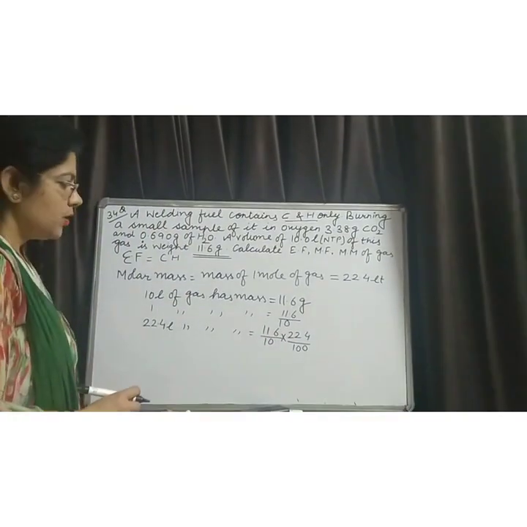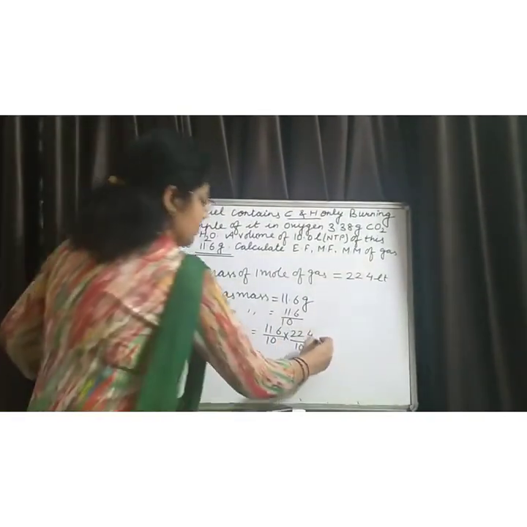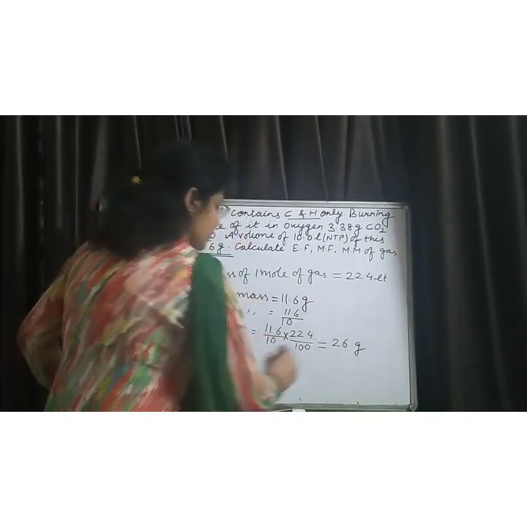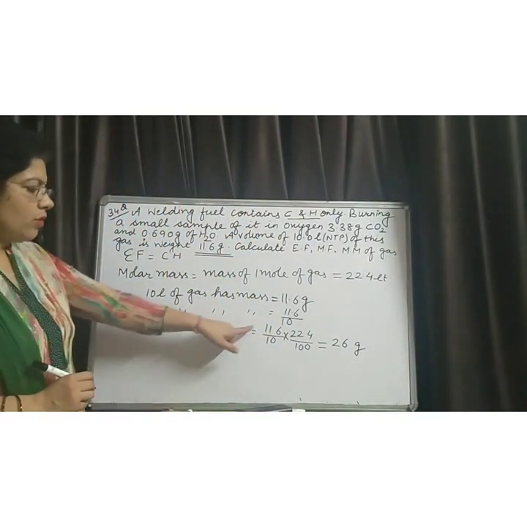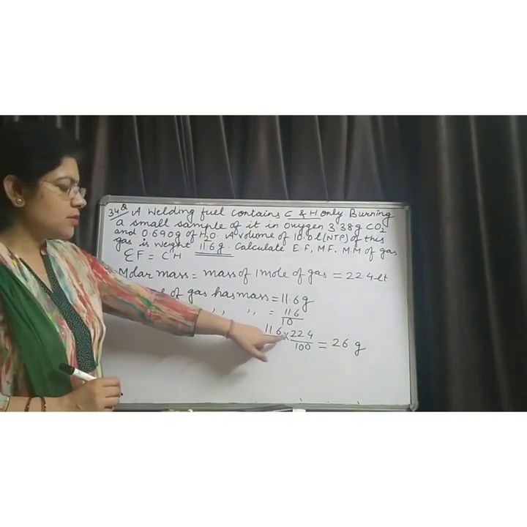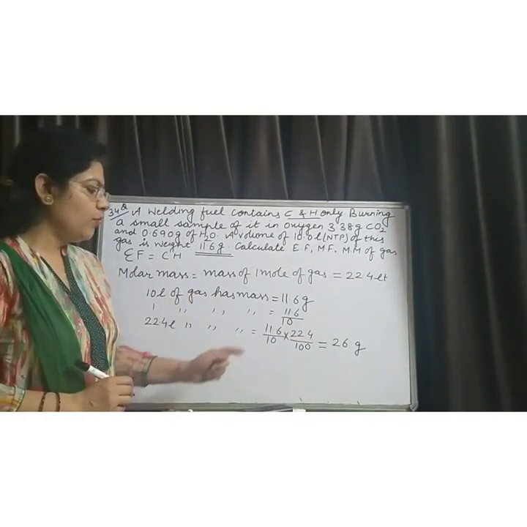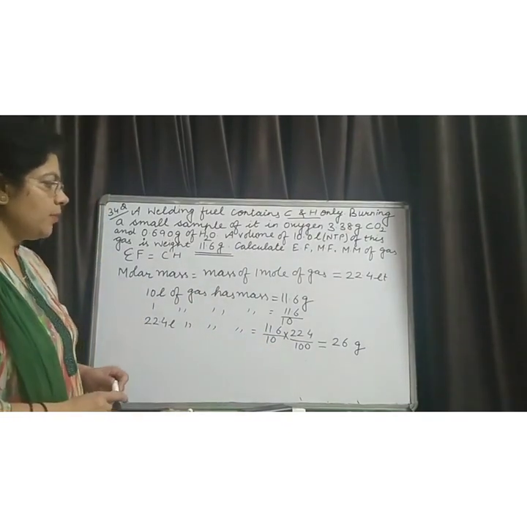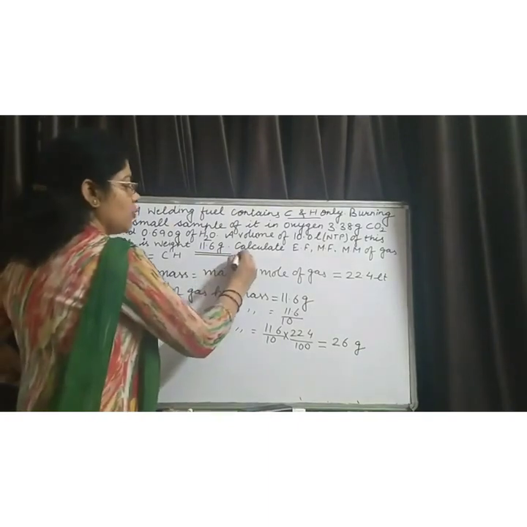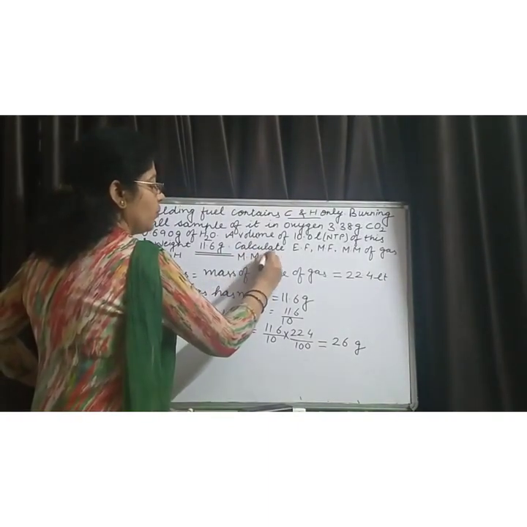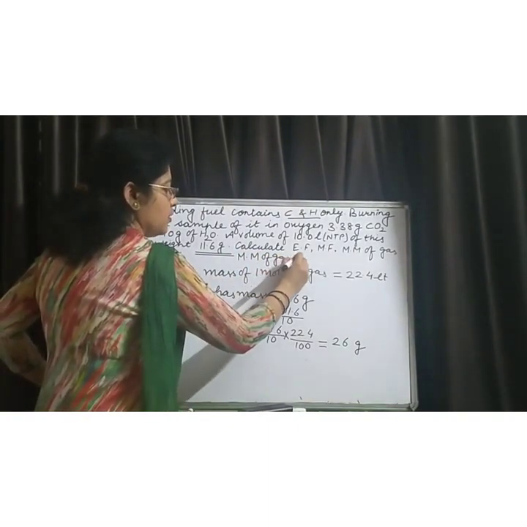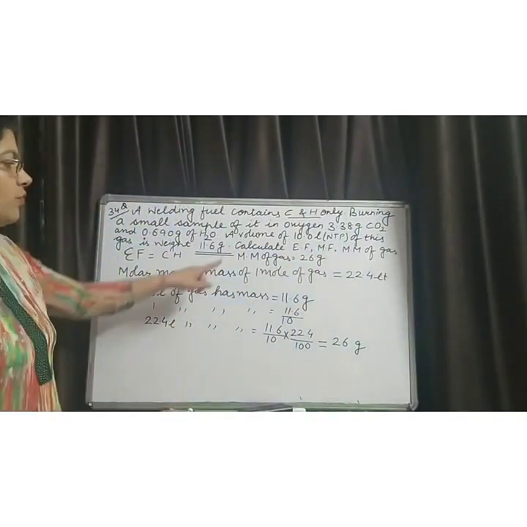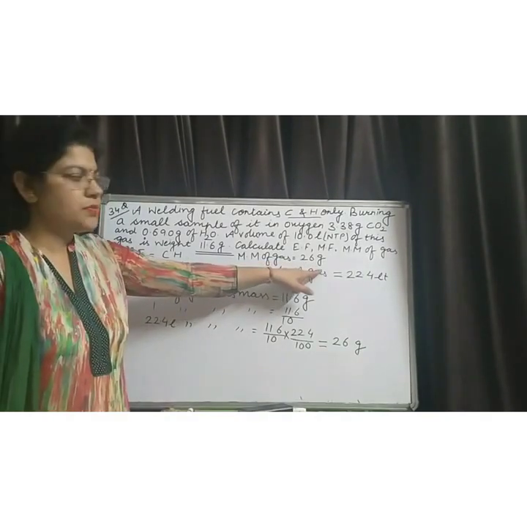When you solve this, 11.6 multiplied by 22.4 divided by 10, it comes out to be 26 gram. It means the molecular mass or the molar mass of the gas is 26 gram.